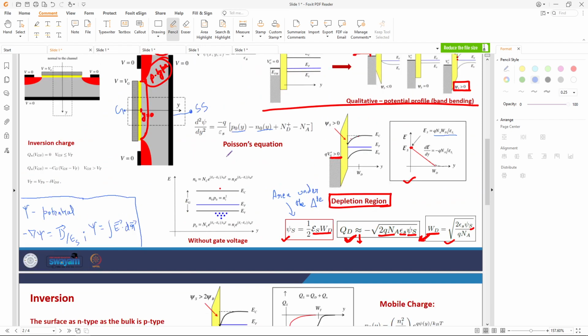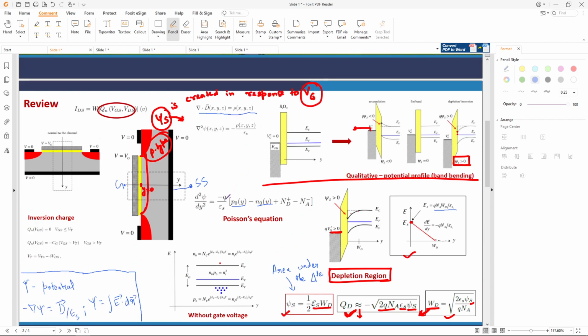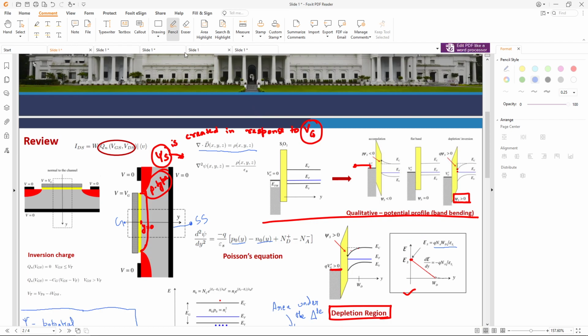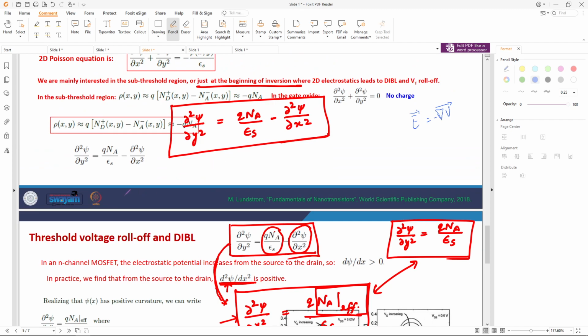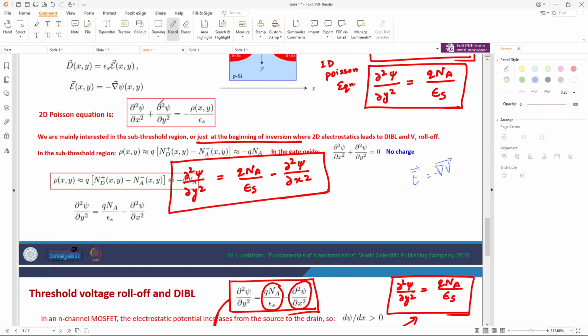We said d square psi by dx squared is equal to minus q by epsilon s times Na, for a p-type semiconductor. This is what we wrote for 1D electrostatics. Now, in addition to that, we have this term that is newly appearing.